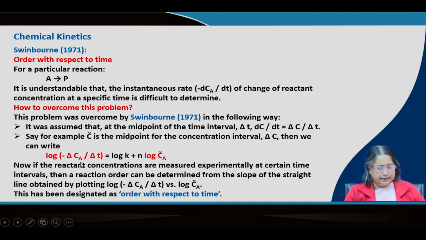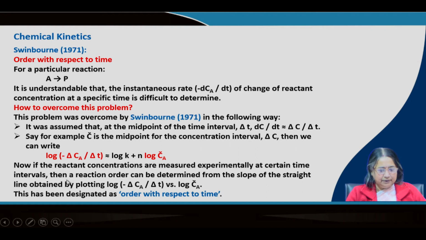Now, how will the experiment be? You do some reaction, and the reactant concentrations are measured experimentally at different time intervals. I will show an example, then it will be more clear.